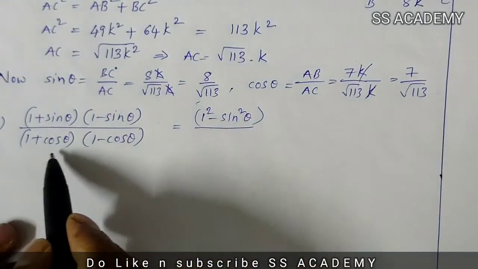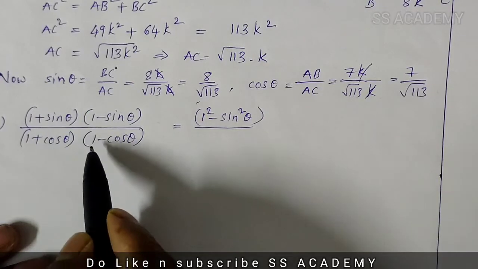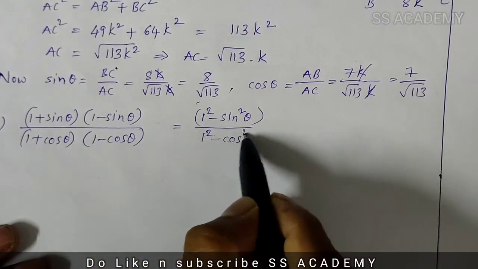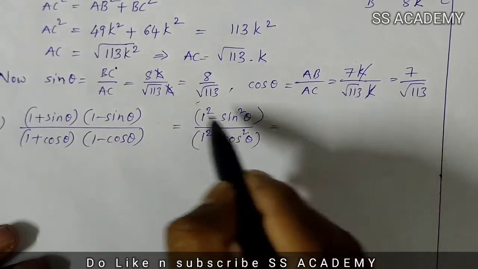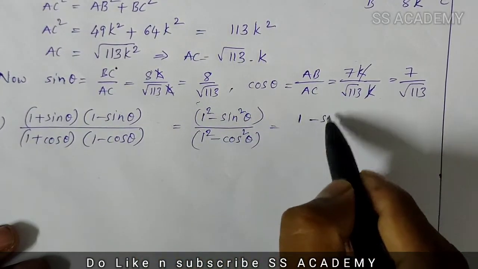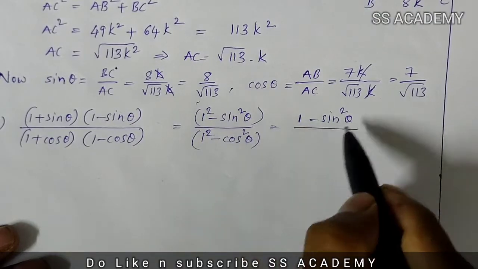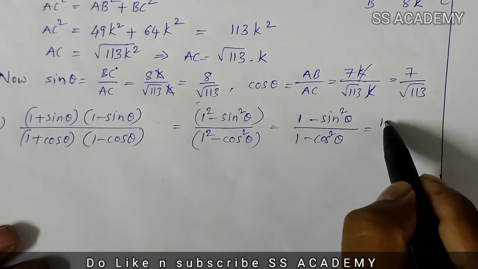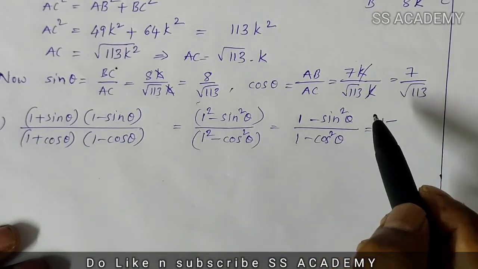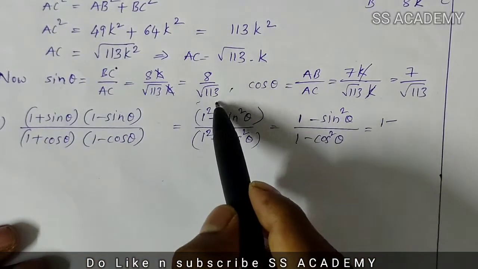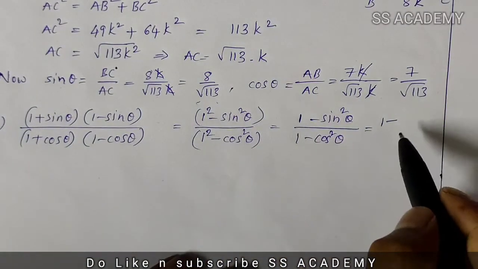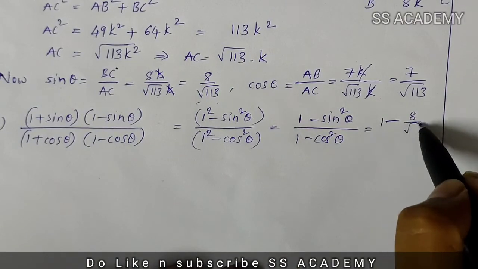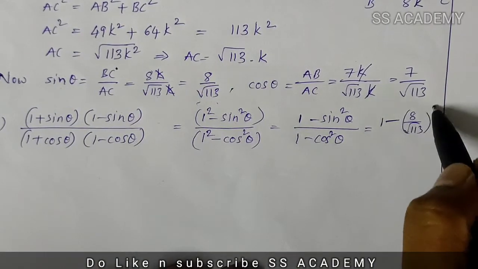Similarly, the denominator is also in the form of a plus b into a minus b, so a square minus b square. That implies 1 square means 1. So 1 minus sin square theta by 1 minus cos square theta. What is the value of sin theta? Sin theta equals 8 by square root of 113, squared.